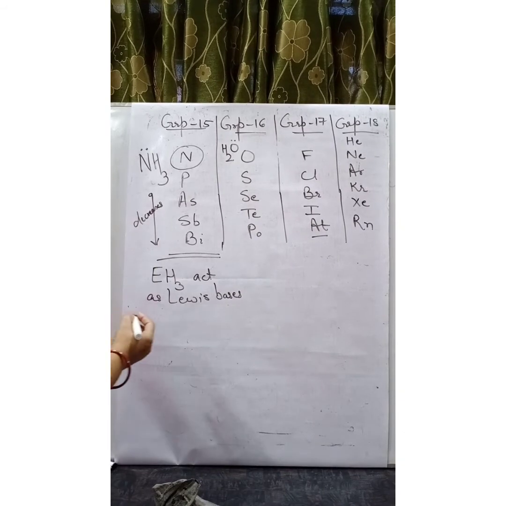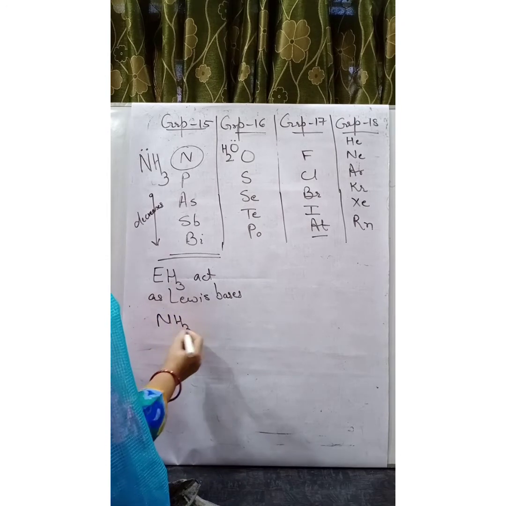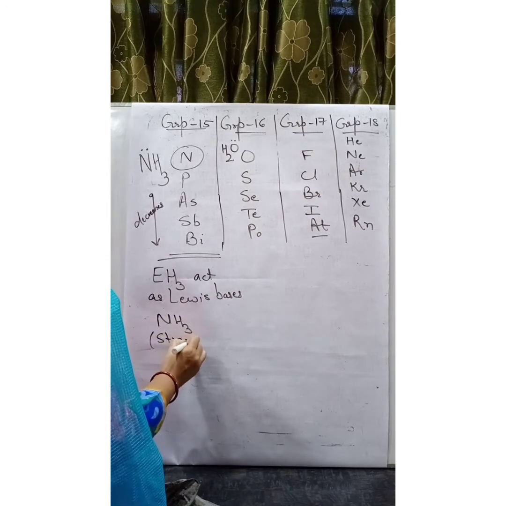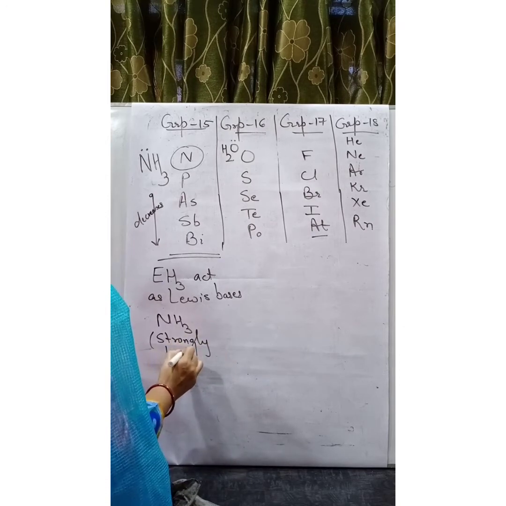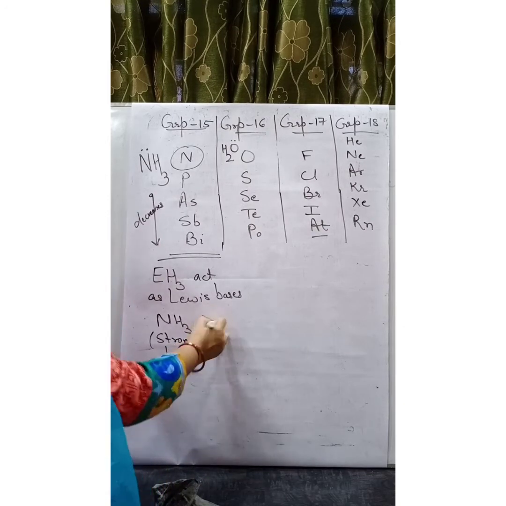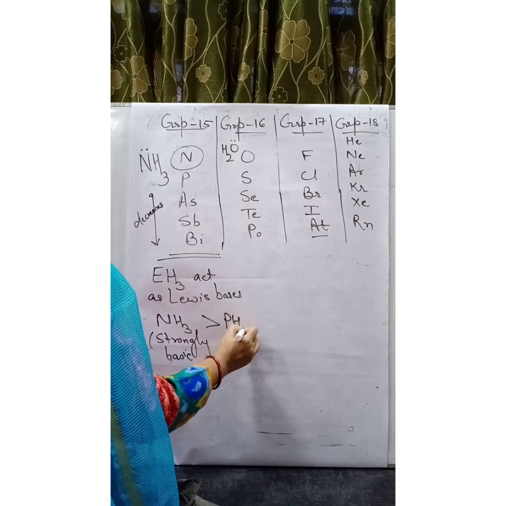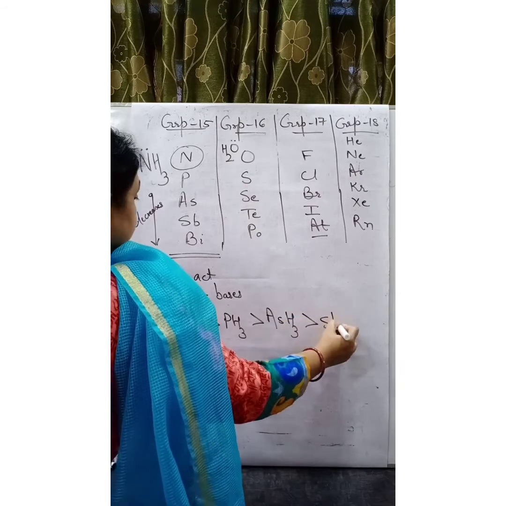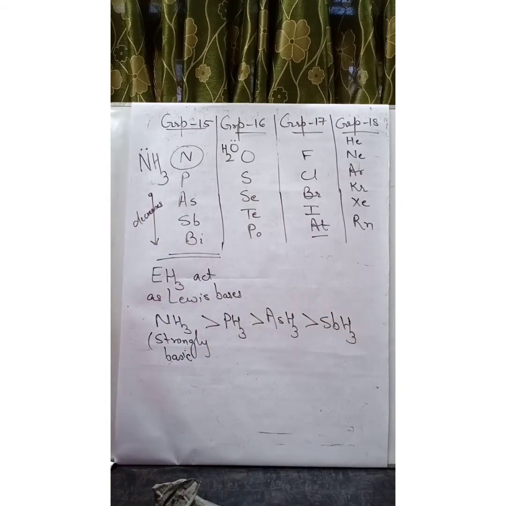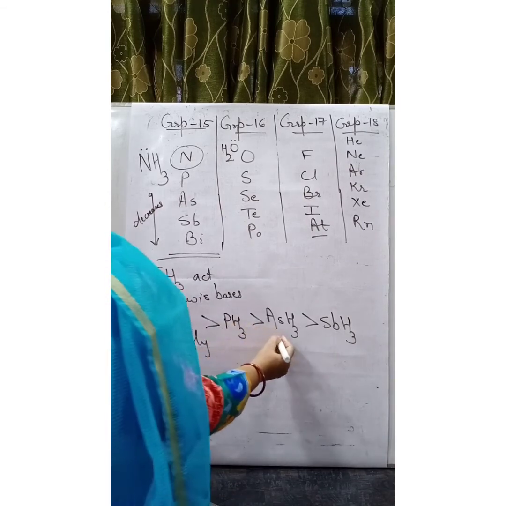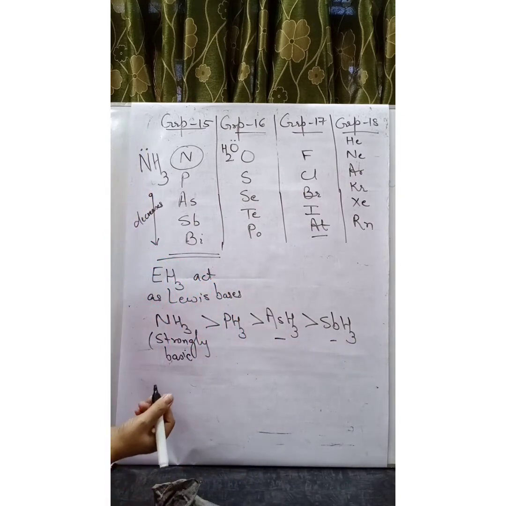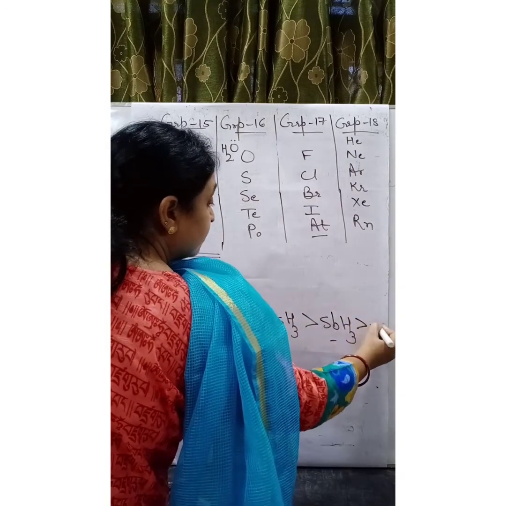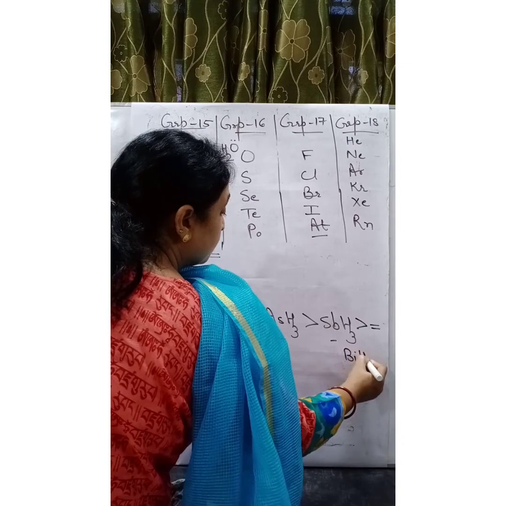So in other words, we can say NH3 is strongly basic, then PH3, then AsH3, then SbH3, and these SbH3 and AsH3 have very weak tendency of acting as Lewis bases because size is bigger, and here we write greater than or equal to BiH3.